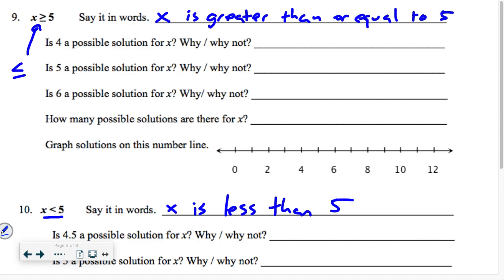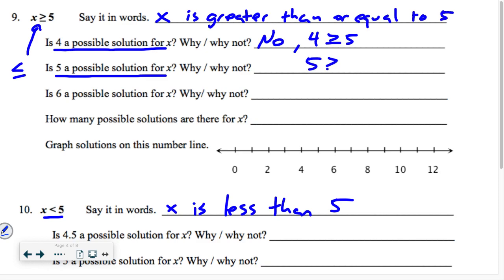So back to number 9, is 4 a possible solution for x? Yes. Nope, sorry, my bad. No. Because if I test it out, is 4 greater than or equal to 5? It's not. That's why it's not part of it. The next one, is 5 a possible solution? So I'm going to check.